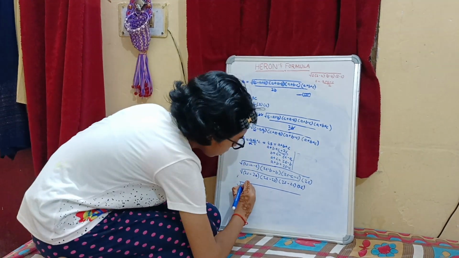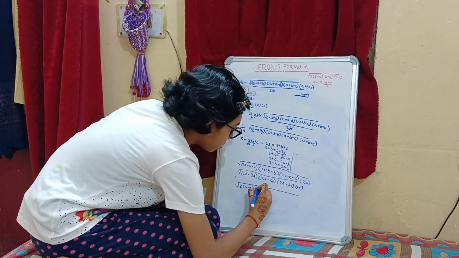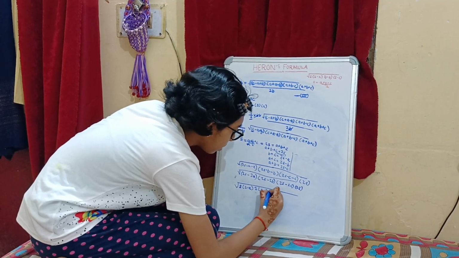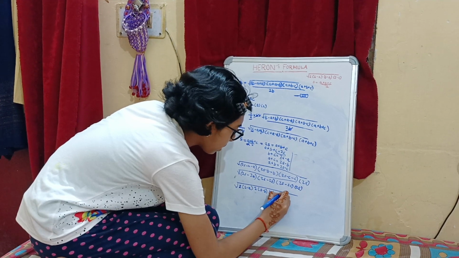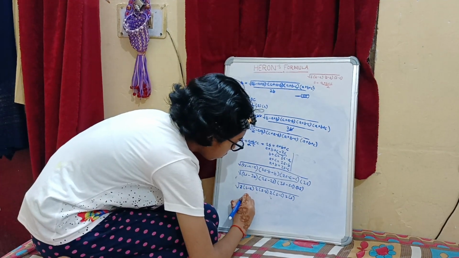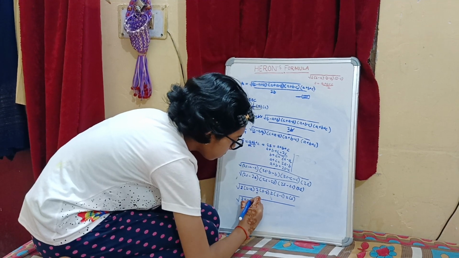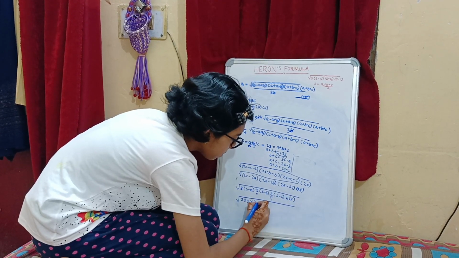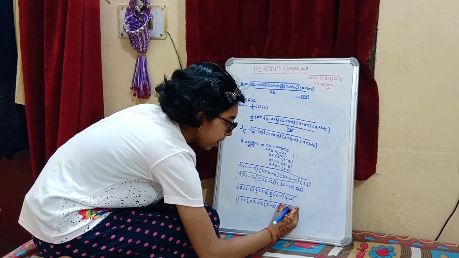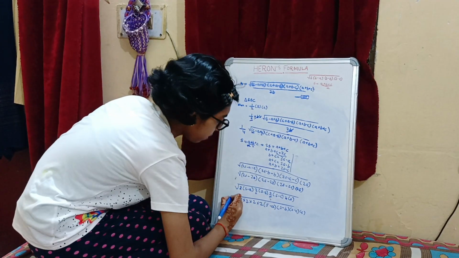That will be 2 in bracket (s minus a), 2 (s minus b), 2 (s minus c) and 2 (s), and outside it is 1 by 4.